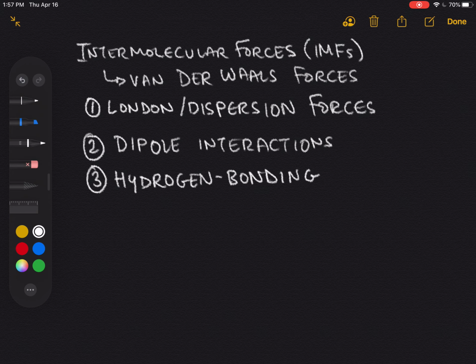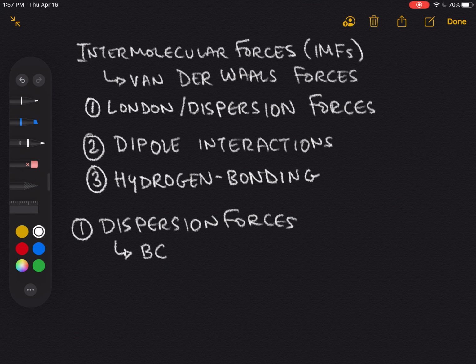All right. To speak of the first one, London forces, or I'd prefer to call them just dispersion forces. These are interactions between molecules that are not polar. So these are between nonpolar molecules or particles.